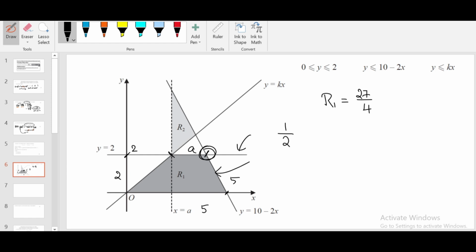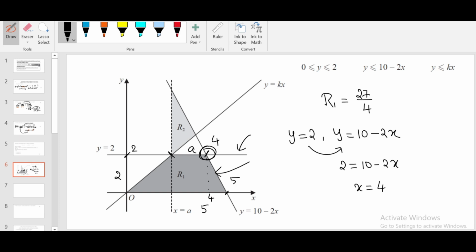So when you solve it, you sub in here, you will get 2 is equal to 10 minus 2x, 2x is equal to 8, x is equal to 4.